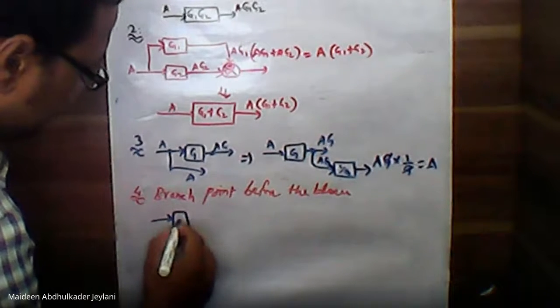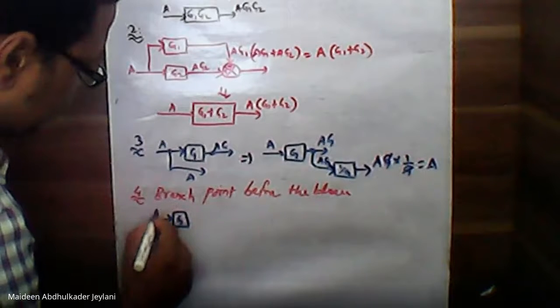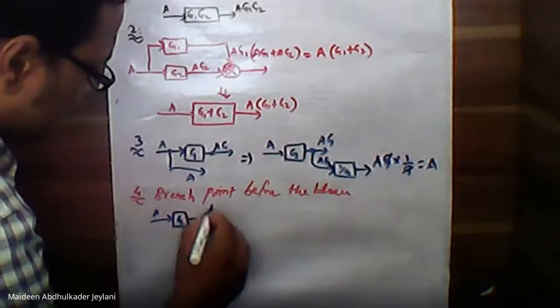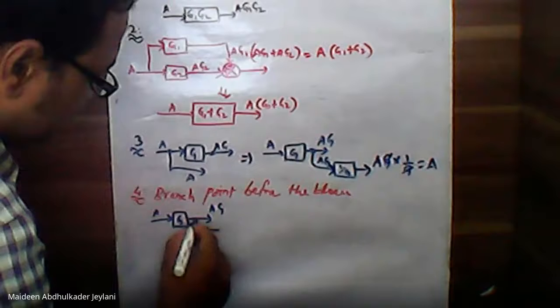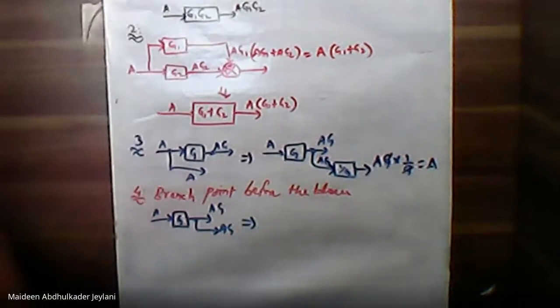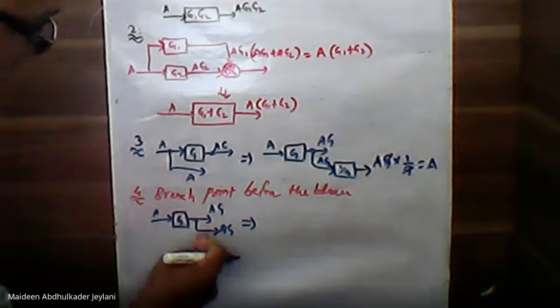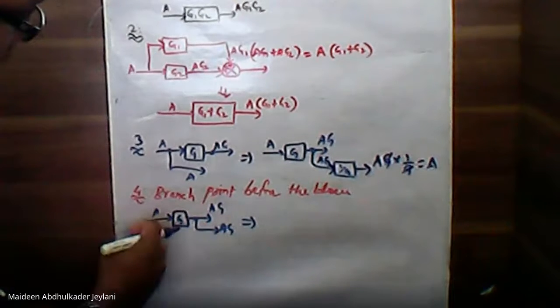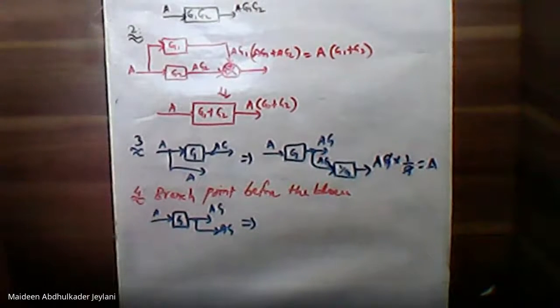We have G here and input A, output is AG. So our branch point here is AG. We have to move this branch point to before the block. In this case, what can we do?